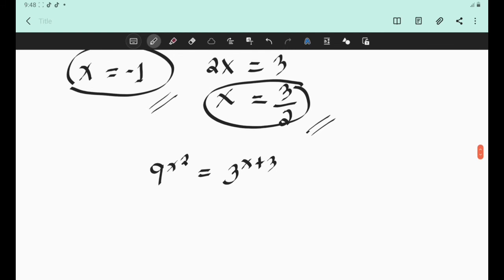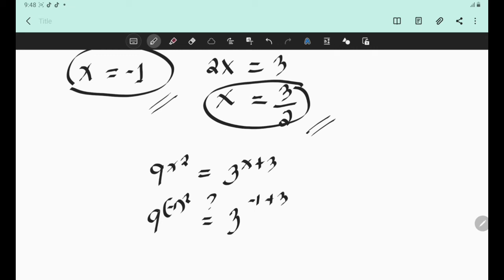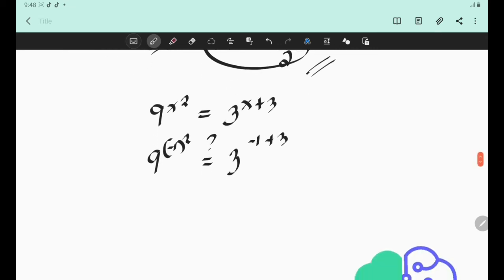So, again, let us have negative 1. So, we have 9 raised to negative 1 squared. Is it equal to 3 raised to negative 1 plus 3? So, we have negative 1 squared is 1. So, 9 raised to 1 is 9. Okay. Is it equal to?